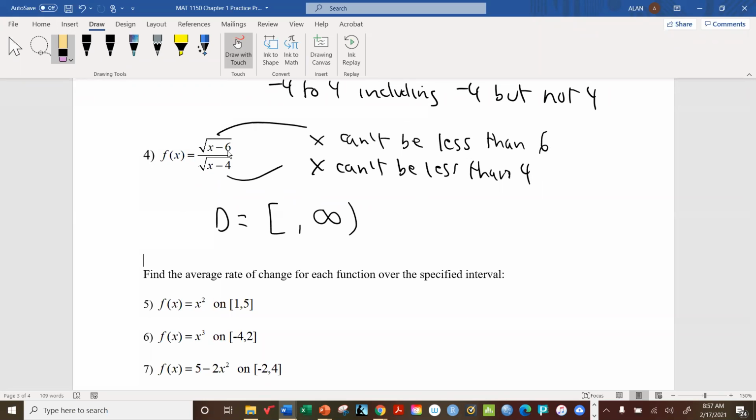If I allow a 4, then that's going to be a problem down here. So this is 6. Yes. Very good. Yeah, I almost blew it. Oh, yes, but it does allow for a 6. So we'll put the square brackets, because 6 would make this one 2, and this one would just be 0.